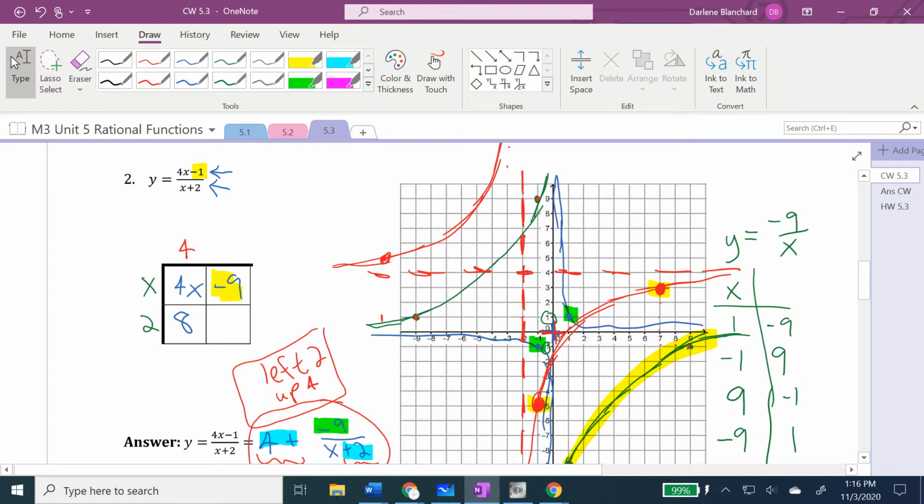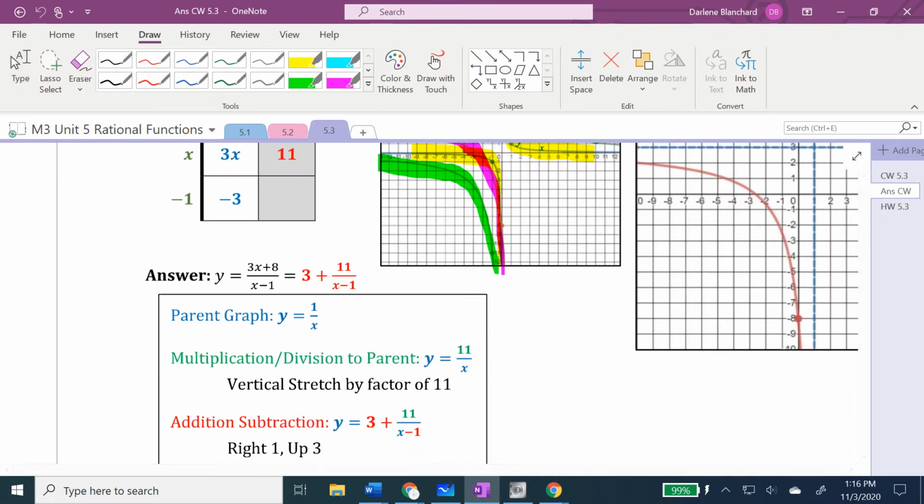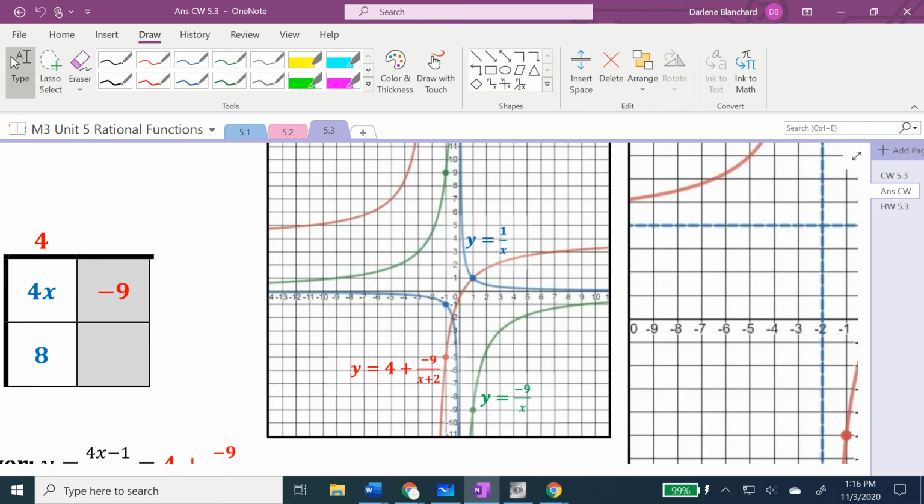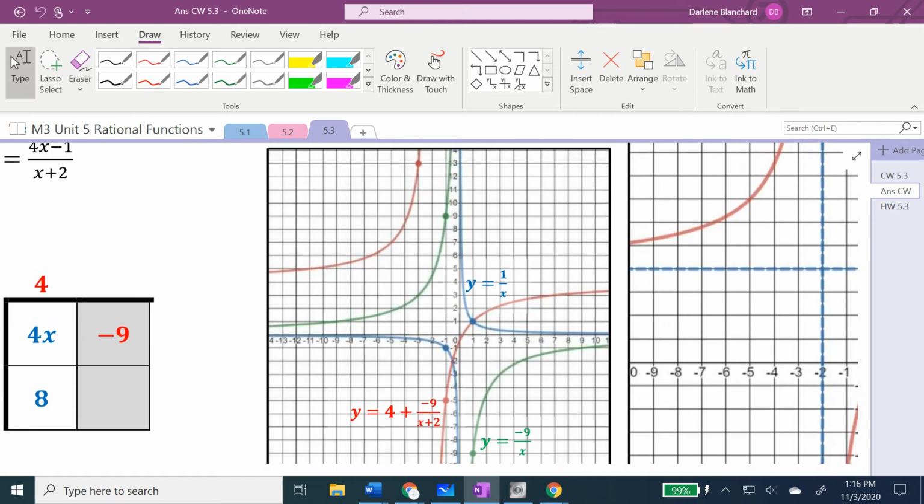Okay, so let me show you what I have in the answer. And I apologize to the colorblind. The 1 over x graph is the only one that's in quadrant 1 to quadrant 3. Then I'm going to highlight right now the multiplication graph, the y equals negative 9x.